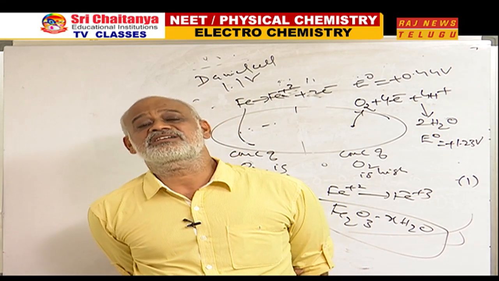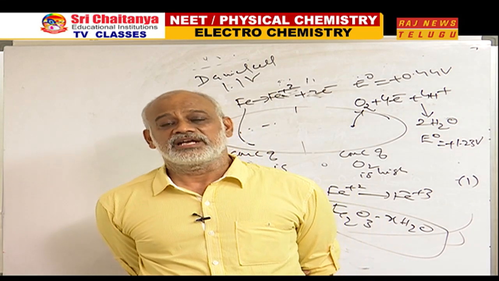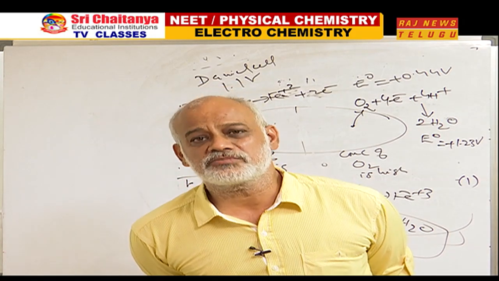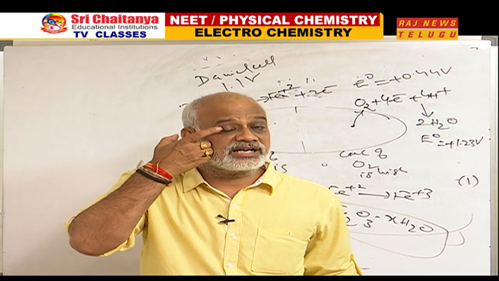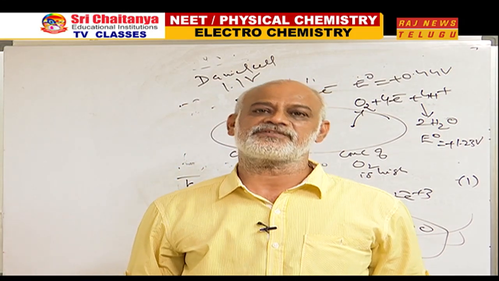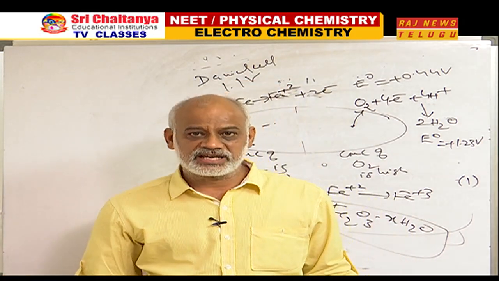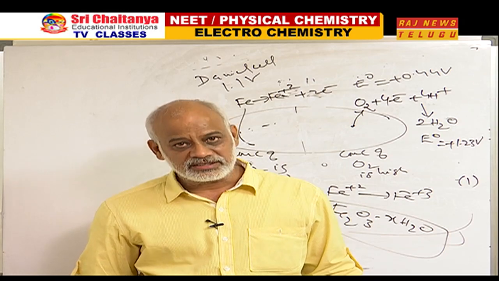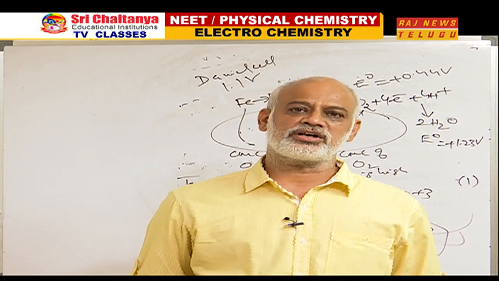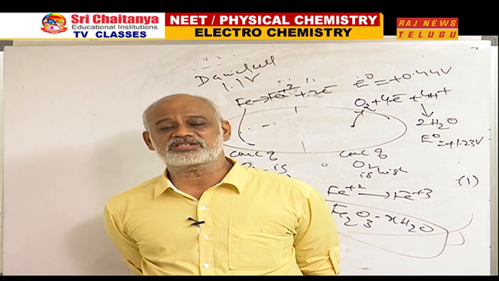What is the reason that zinc should be used to protect iron? The tendency of zinc to undergo oxidation is more than the tendency of iron. SOP of zinc is greater than SOP of iron. In other words, SRP of zinc is less than SRP of iron, so that whenever one of these two has to undergo oxidation, zinc has a greater tendency to undergo oxidation.